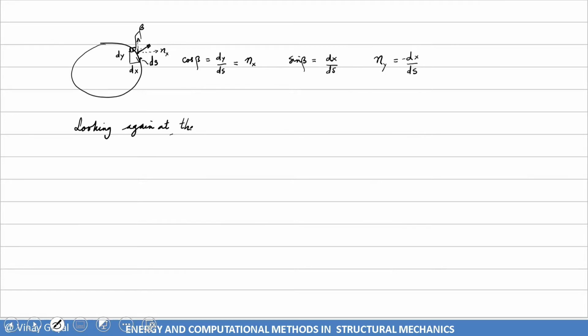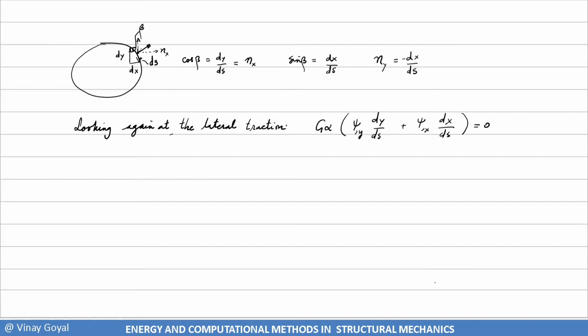So looking again at the lateral traction, because I'm not applying any tractions on the boundary, we really have G alpha, C comma Y nx, and I know what nx is. I found that was dy/ds, minus C comma X, and now I already have plus because minus and minus is plus, times ny, which is dx/ds, and that's equal to 0.